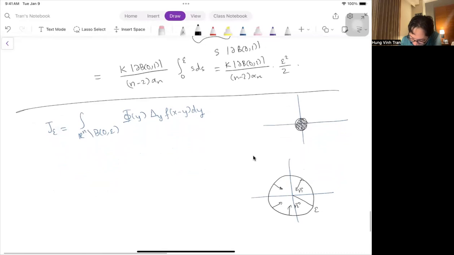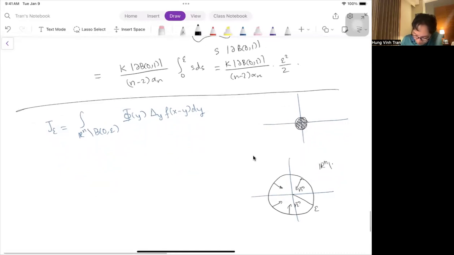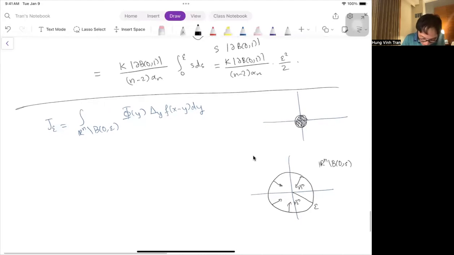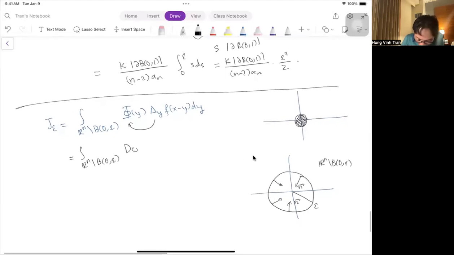This is our domain, Rn minus B0 epsilon. So when we do integration by parts, this equals the integral over Rn minus B0 epsilon, where I move one of the derivatives from here to here, so I get the gradient of phi(y) dotted with the gradient in y of f(x minus y) dy.